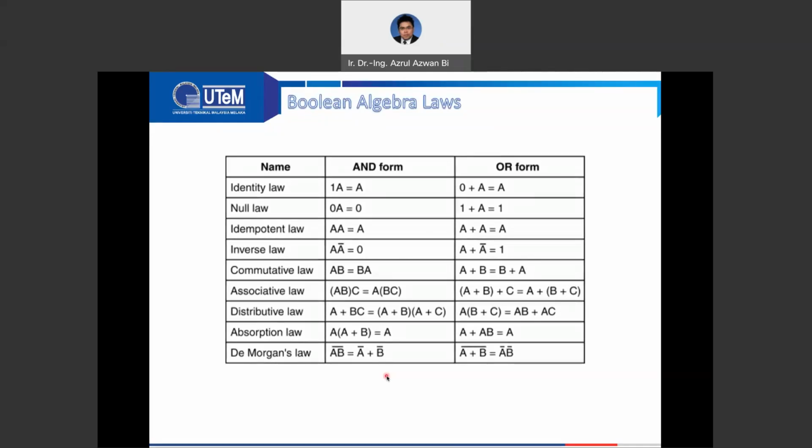It's good for you to know a little bit about Boolean algebra, even though in this particular course we're not going to elaborate more on it. But in order to draw some logic, it's good that we know which laws we can use in order to simplify the logic.